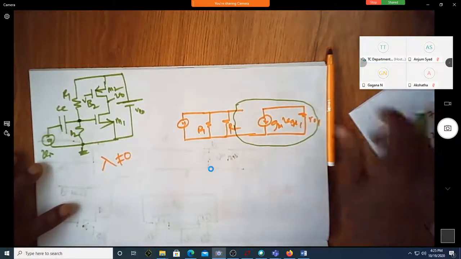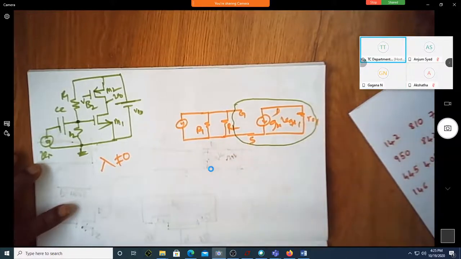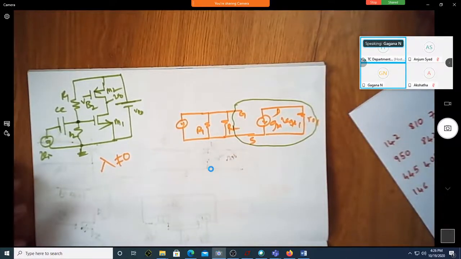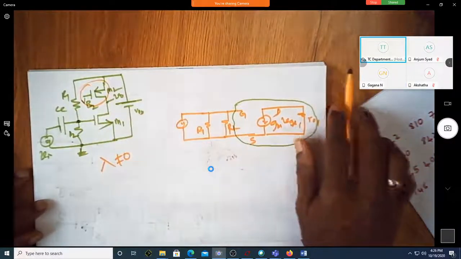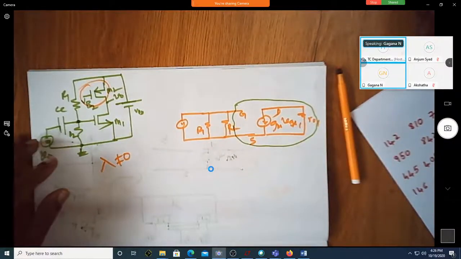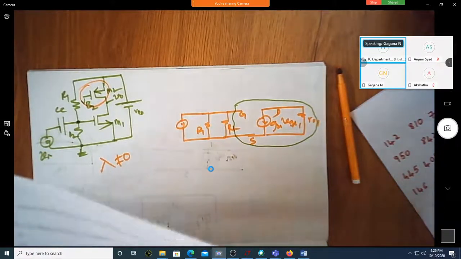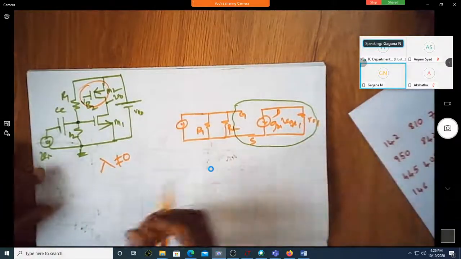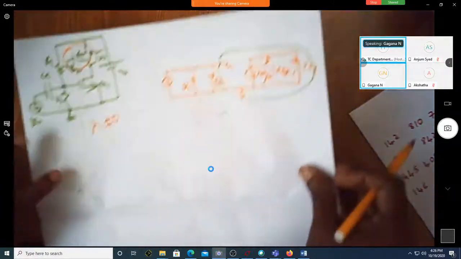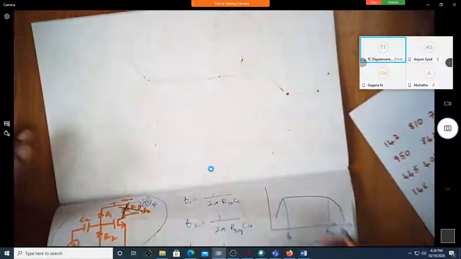Am I correct? Gate, source, drain. Correct. Then we have to do it for this MOSFET. How do we do it for this one? Suppose it was an NMOS; how did we write it?